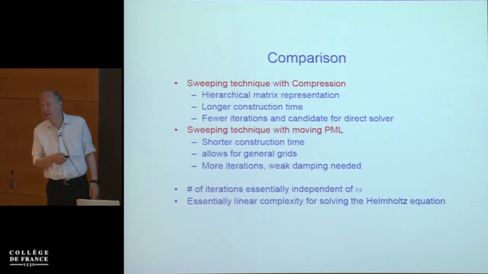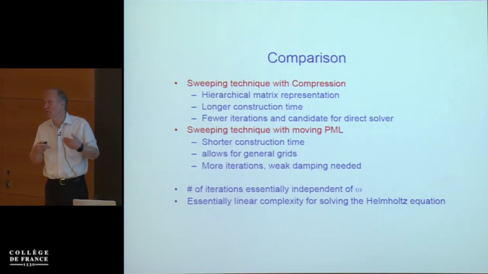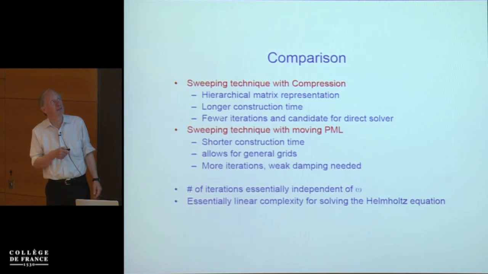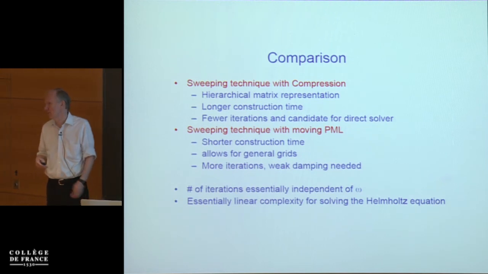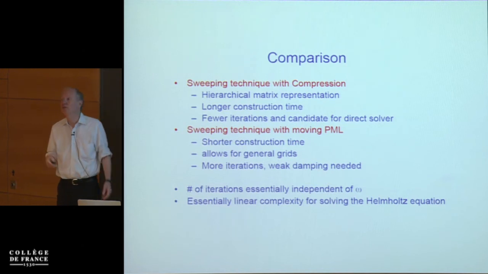There are differences in this. The first is harder to do because you have to do this algebra and this compression structure. But once you've done it, you have a much better setting. You have fewer iterations, and even if you go a little further in accuracy, you can have it as a sort of direct solver, which has become popular if you redo it a lot of times.